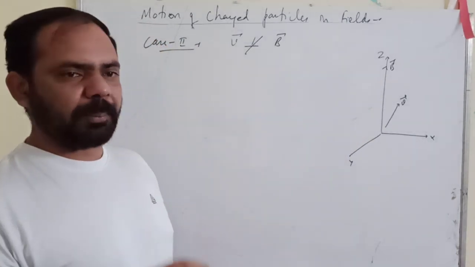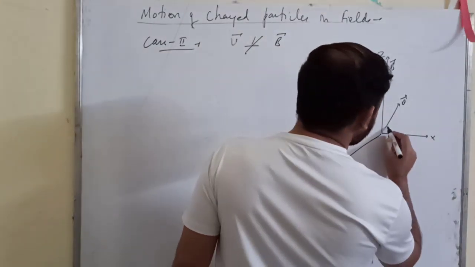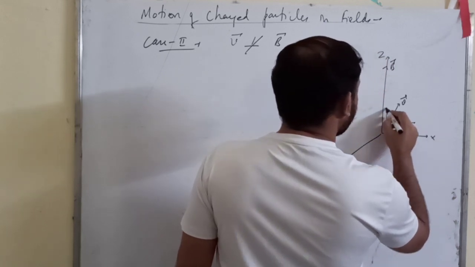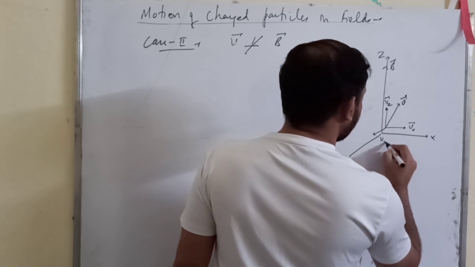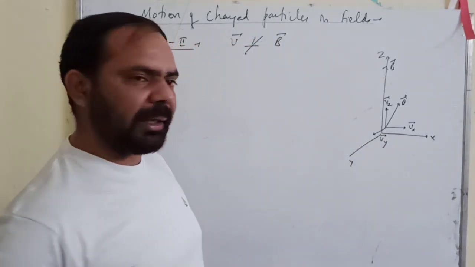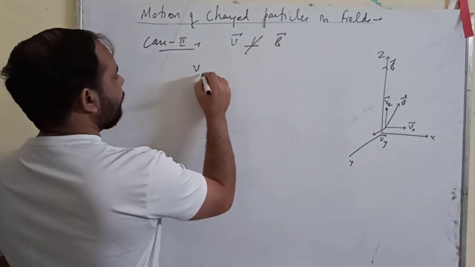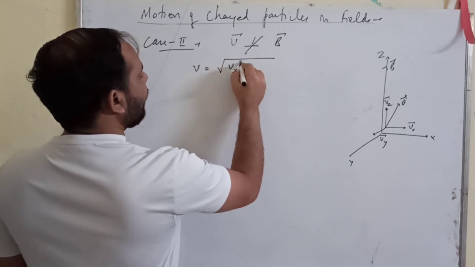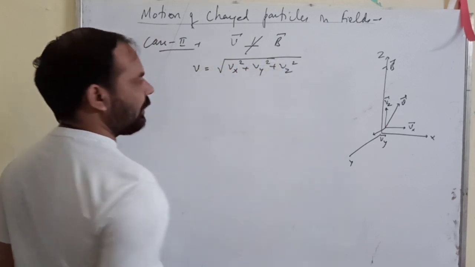Now if it is not perpendicular to the magnetic field, you can obtain the three components of this velocity: one vx, one vy, and the other vz. So v is equal to the square root of vx squared plus vy squared plus vz squared. That is the magnitude of v.